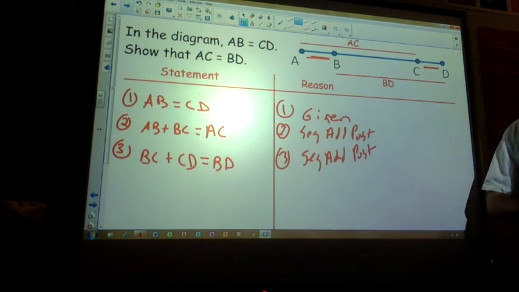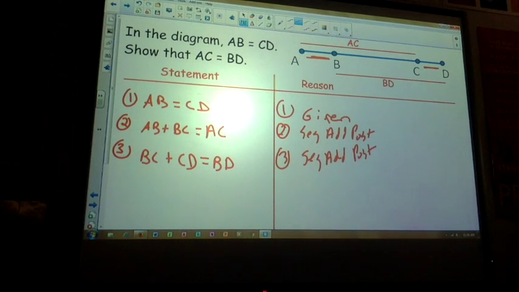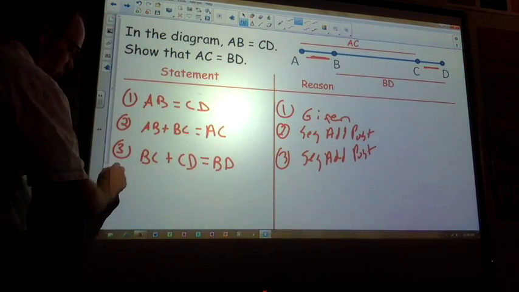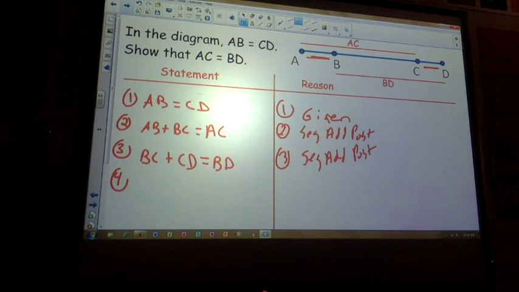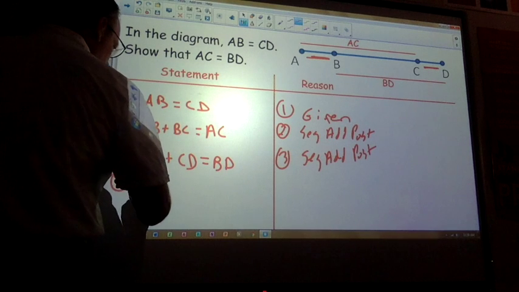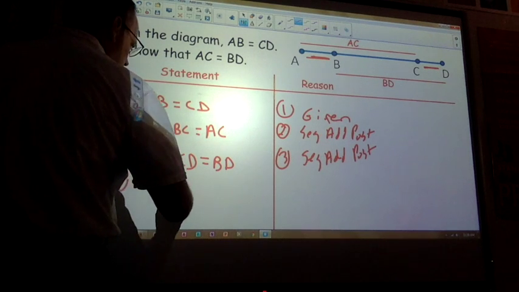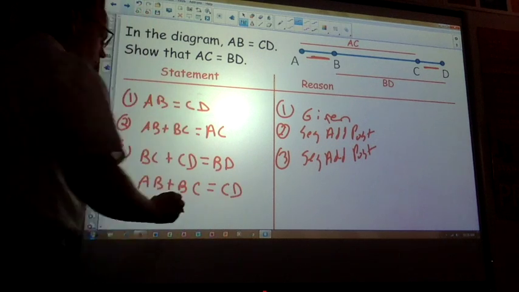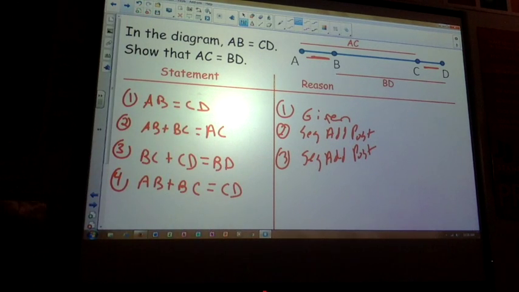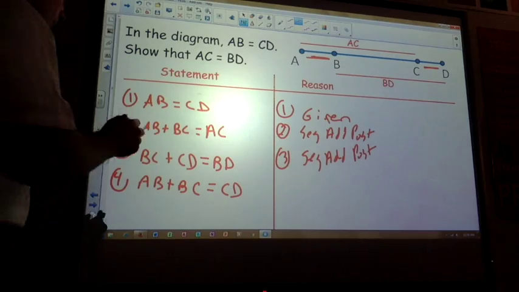Six points so far, right? One last thing: there's two more steps. I'm going to pick step 2 or 3. Pick one. 2. Okay. Step 2, I'm going to say this. Why can I say that? No, that's not what I wanted to say.